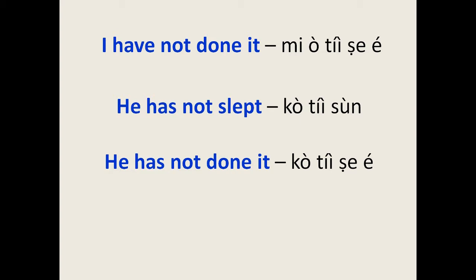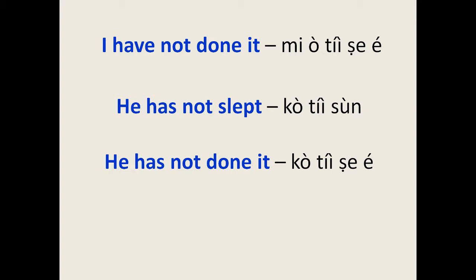And that is, don't forget, he, she, it. If you remember, they are all the same word. So when you say he has not done it, it's the same thing as she has not done it. It's the same thing as it has not done it. Okay, so don't forget that. One more example for the negation. They had not done it before we left.